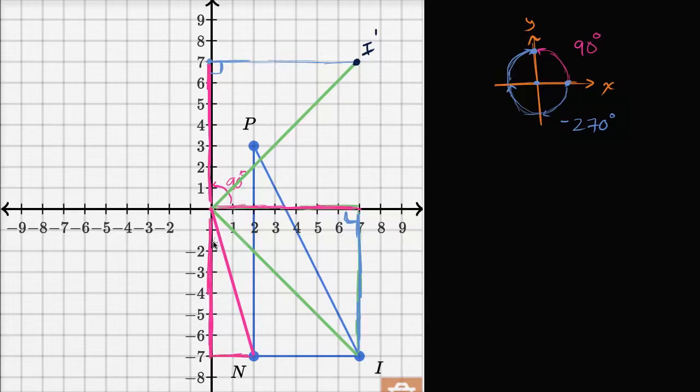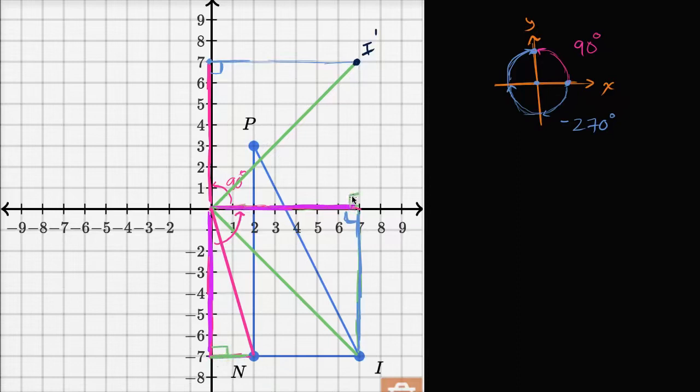So if you rotate this 90 degrees, this side, which is 7 units long, and we're going 7 below the origin, it's now going to be 7 to the right. If I rotate it by 90 degrees, it's going to be right over here. And this side, which has length 2, forms a right angle.